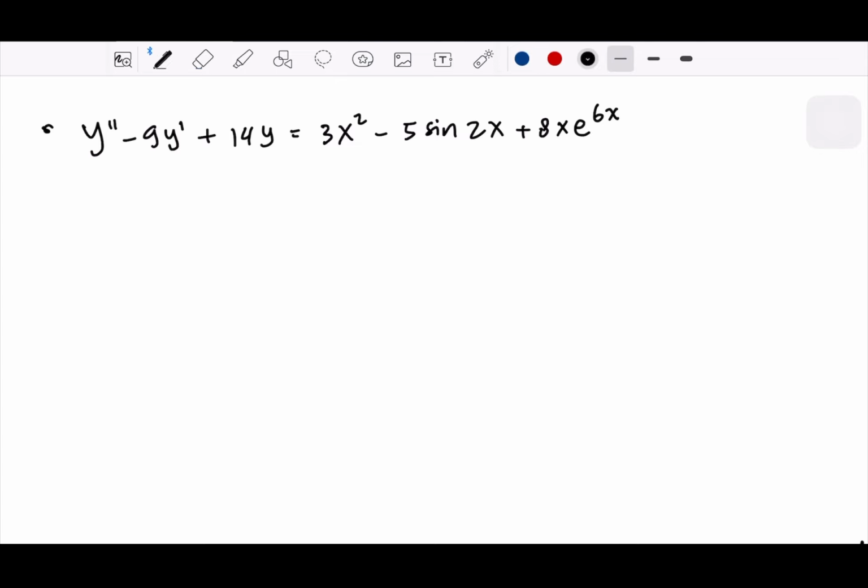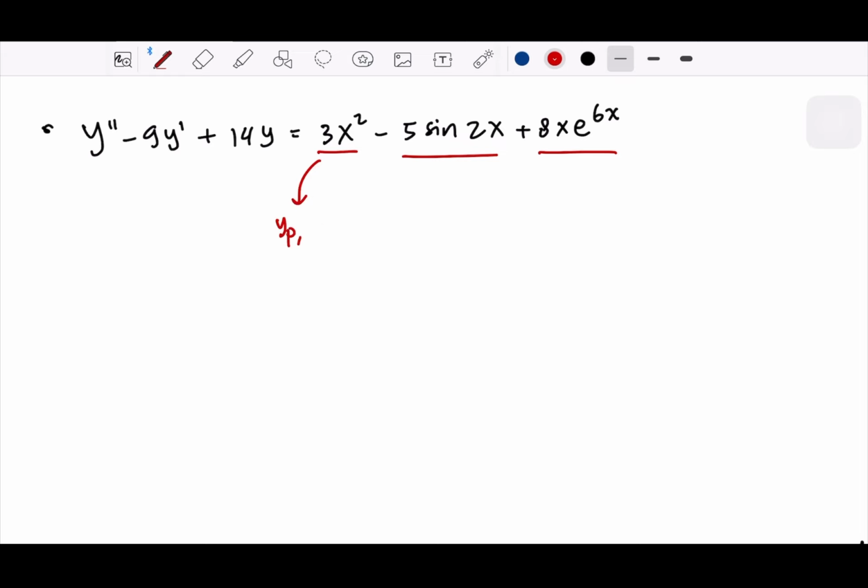So we have 3x squared, 5 sine 2x, and xe with power of 6x. If you would like to write it really long in a horizontal line, it's still okay. But if you want to make sure we are tackling all the yp, maybe we can separate yp1, yp2, yp3. Okay?